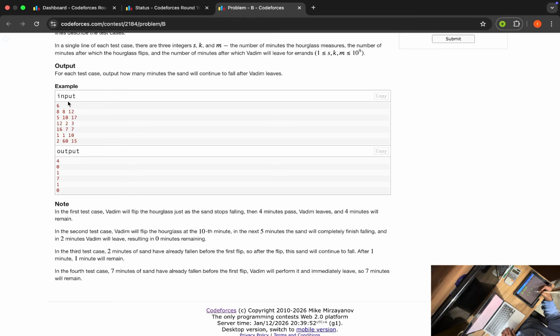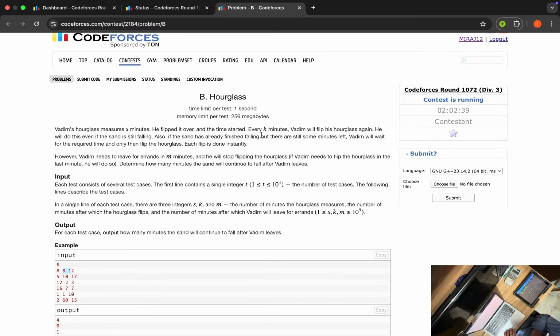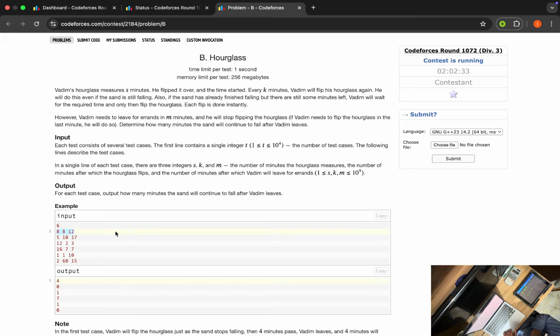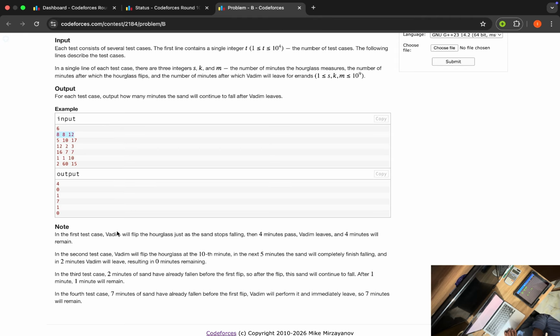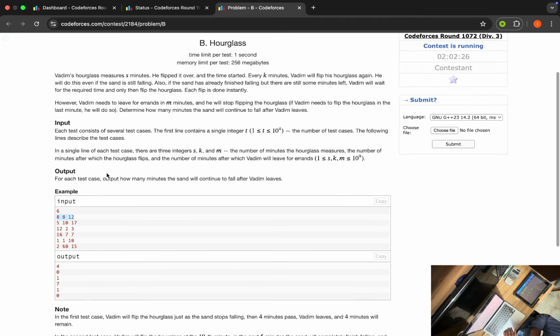In the first case, we flip the hourglass just as the sand stops falling, then 4 minutes pass. Why 4 minutes pass? It said every k minutes. The answer is 4.